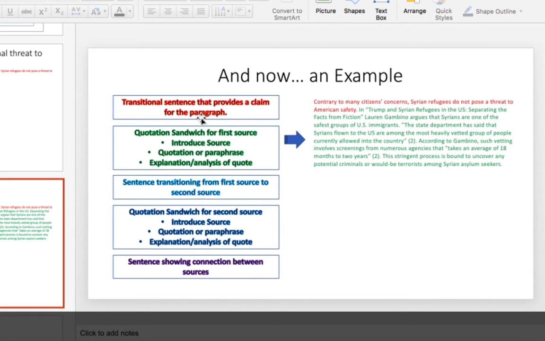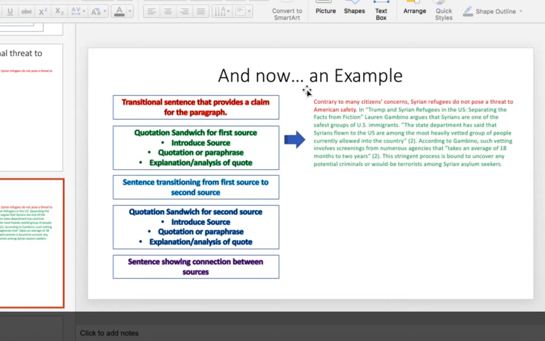Now that I've written that transitional sentence, I need to provide my first quotation sandwich for my first source. So here it is. It's written in green. In Trump and Syrian Refugees in the U.S.: Separating Facts from Fiction, Lauren Gambino argues that Syrians are one of the safest groups of U.S. immigrants.